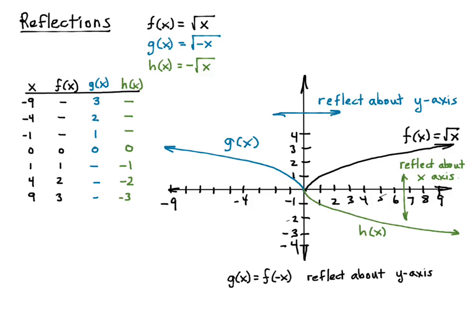Okay, so in general terms now, if I make the x or the argument of the function negative, it's going to reflect about the y-axis. If I take a function and just take the negative of the function, I'm going to flip it about the x-axis.